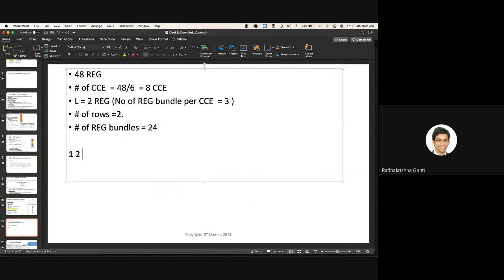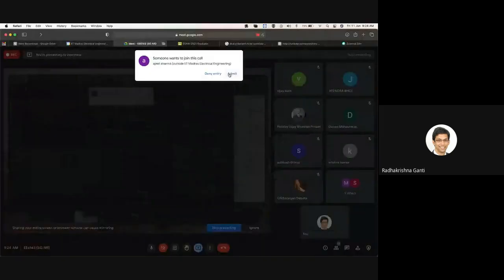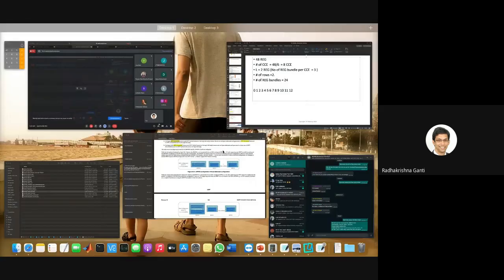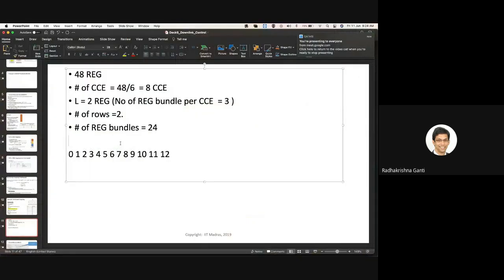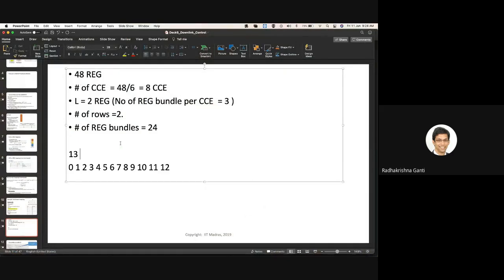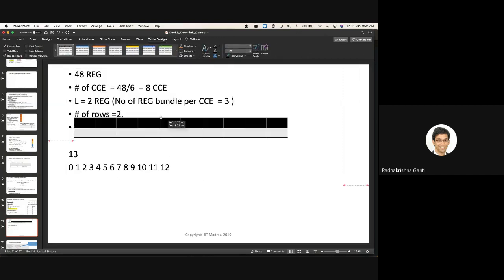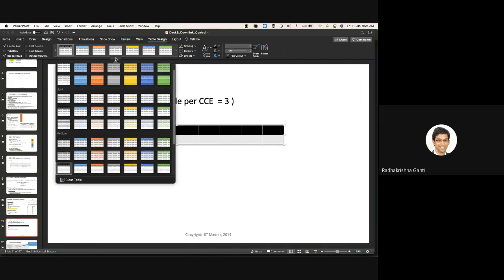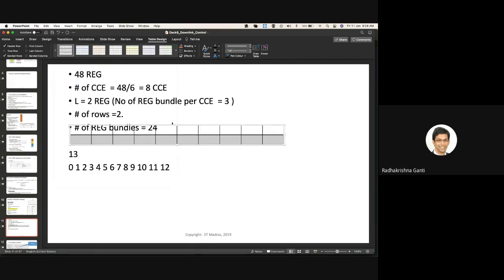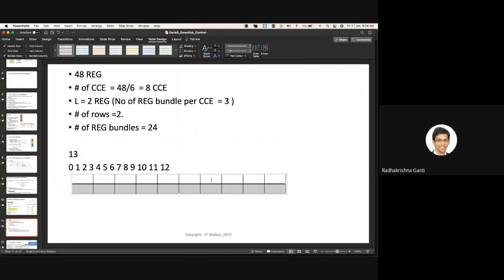It starts at 0, 1, 2, 3, and so on up to 11, 12, 13.